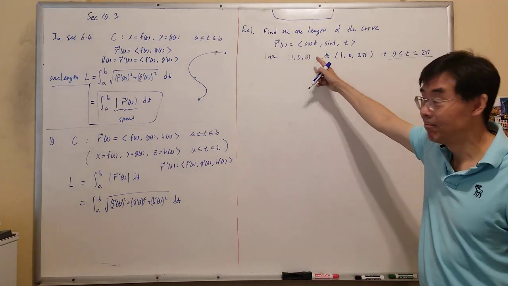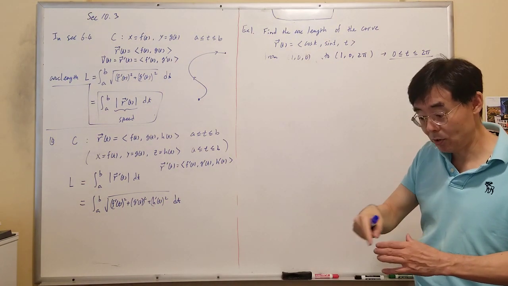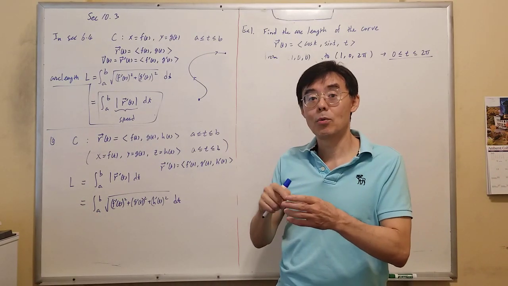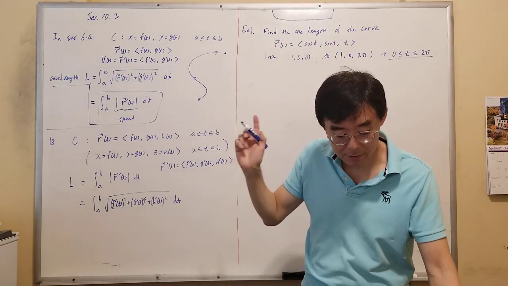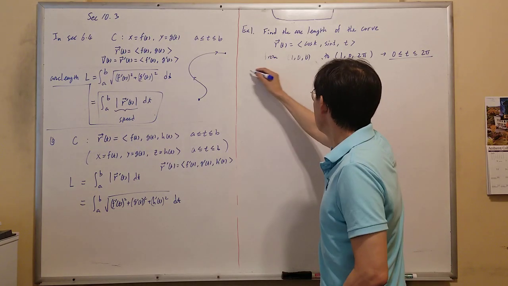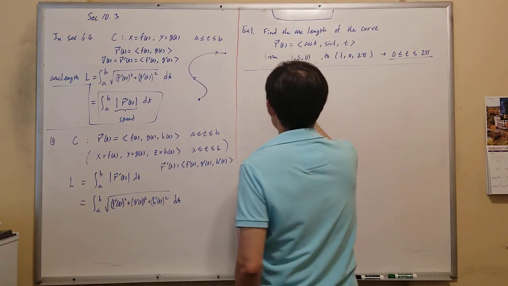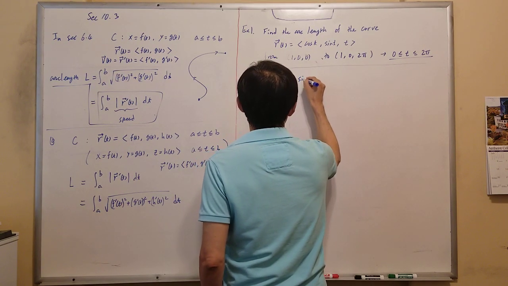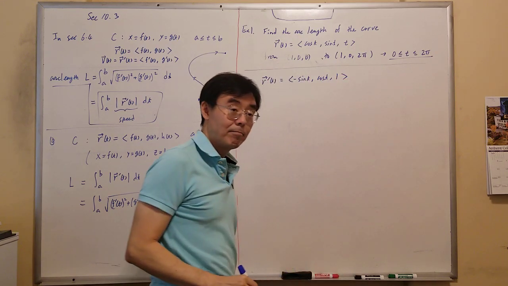X and y satisfy the circle equation, confining us to a circular cylinder while the z coordinate is steadily rising. So you're following a helix. This is the helix. Okay. So let's use that formula we just learned. R prime of t is minus sine t, cosine t, 1. We need speed.